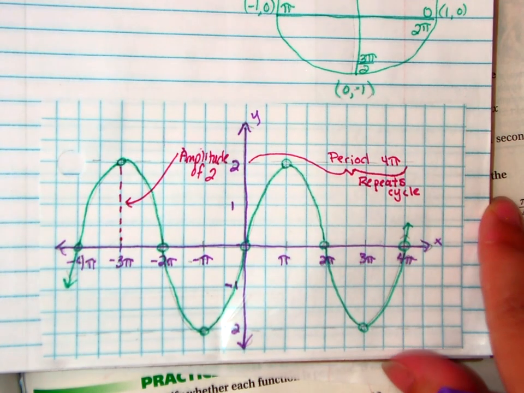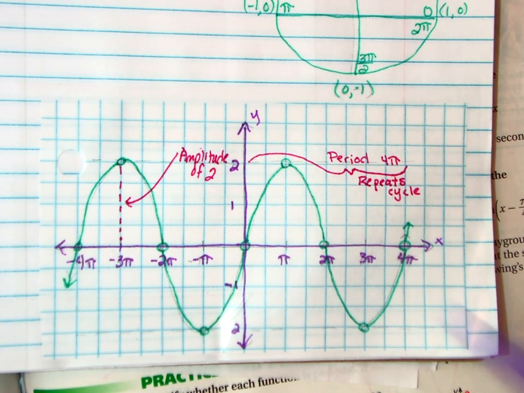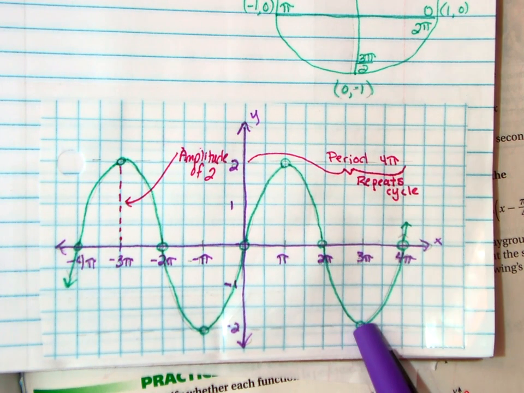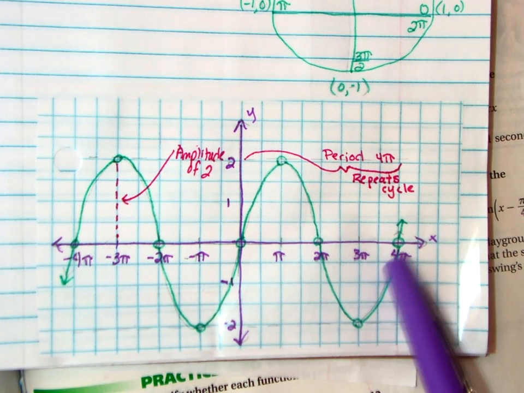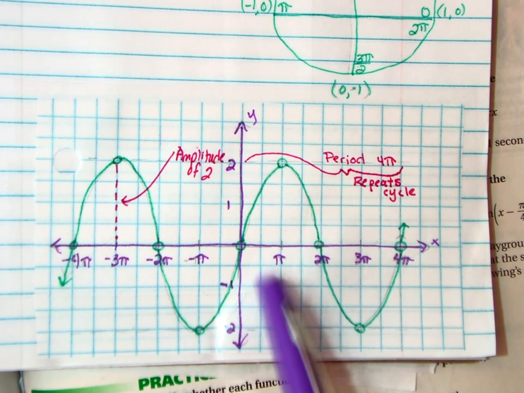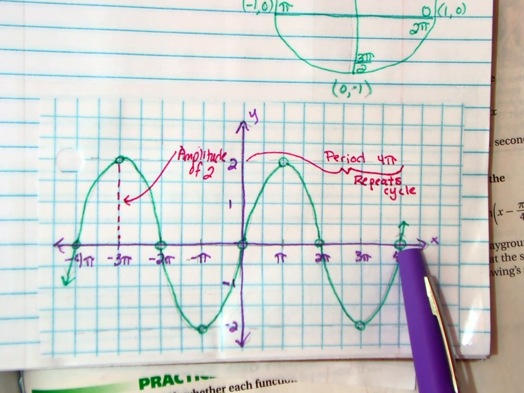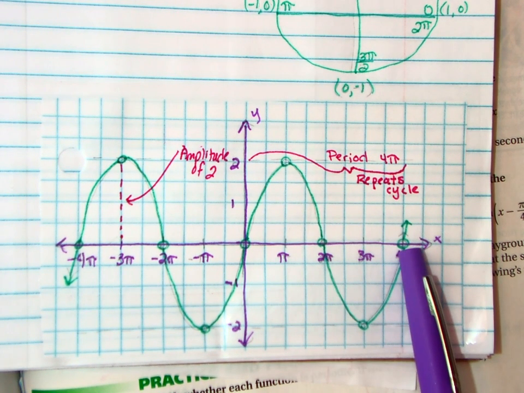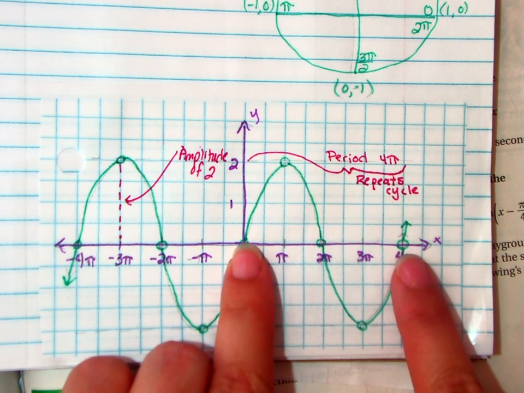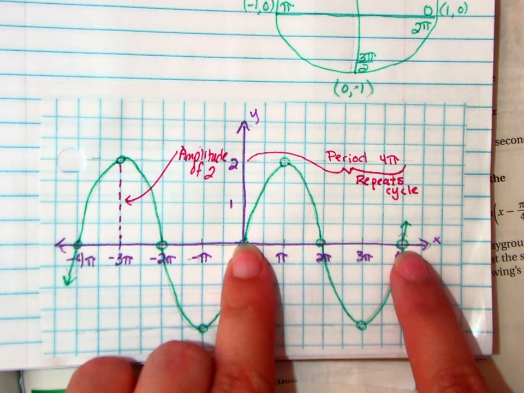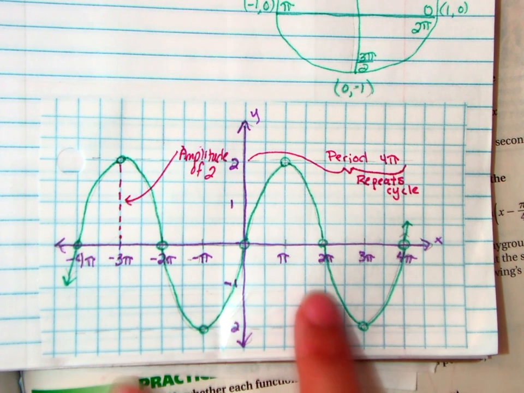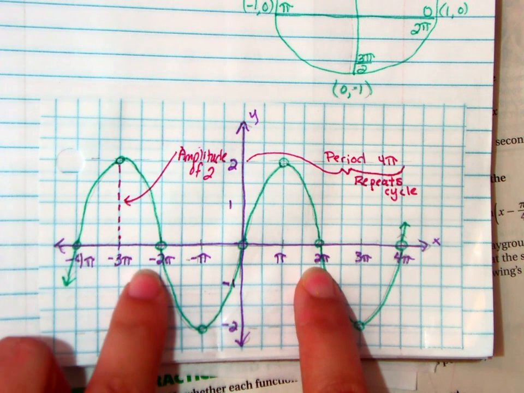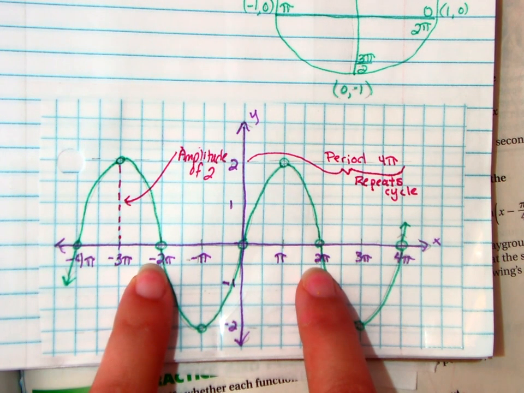So this is what our graph will look like. I found this point, this point, this point, this point, and this point. Now, I know 4 pi is my period. So every 4 pi, this will repeat. Now, if I found 2 pi, the only difference with negative 2 pi is a negative sign.